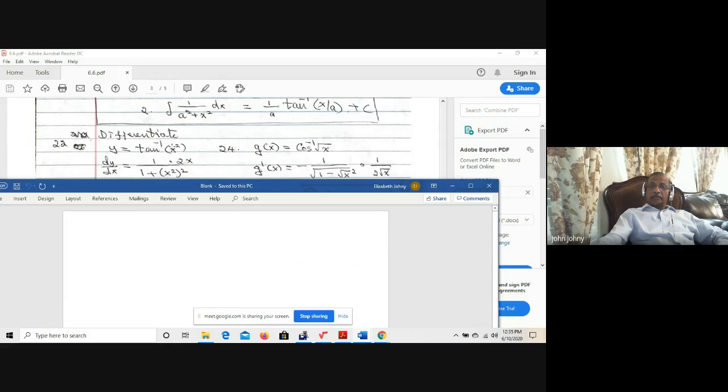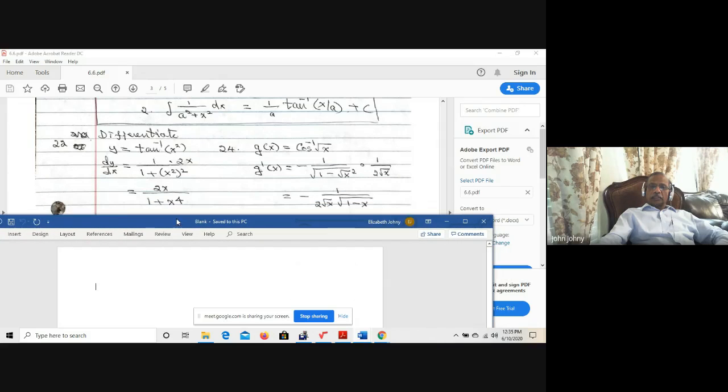Here it is tan inverse of x square, so it must be the square of x square, times the derivative of x square, which is 2x. And so the final answer is 2x divided by 1 plus x to the 4. That's it. It's an application of the chain rule.